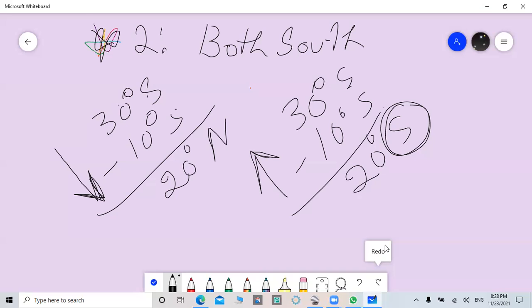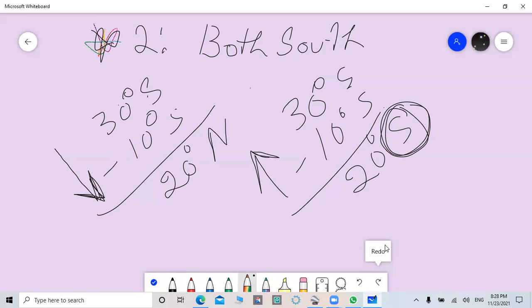And similarly, when you go lower to higher, it will be just the opposite of what happened when both are north. When you go lower to higher, you are actually going south. So when you go from 10 degrees to 30 degrees, you are going lower to higher, and south will produce again another south.